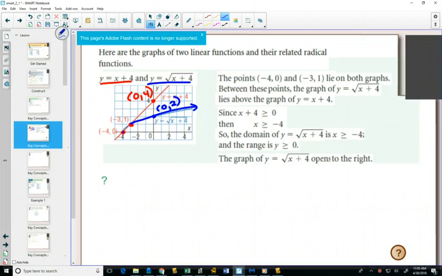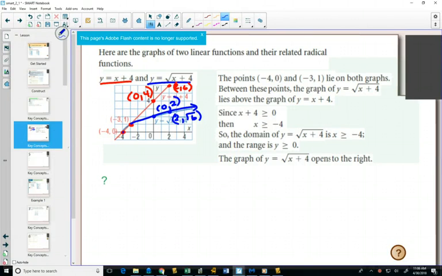And when I'm comparing y values, the x value isn't changing. So I can compare the point (0, 4) and (0, 2). I can compare the point (2, 6), and on this graph, I guess I would have (2, square root of 6).